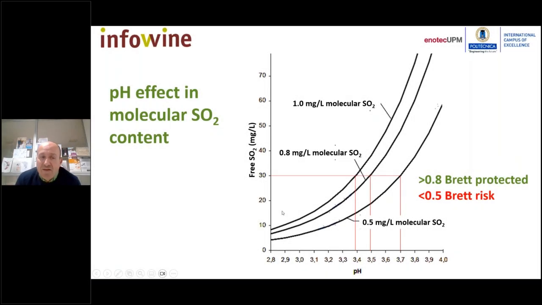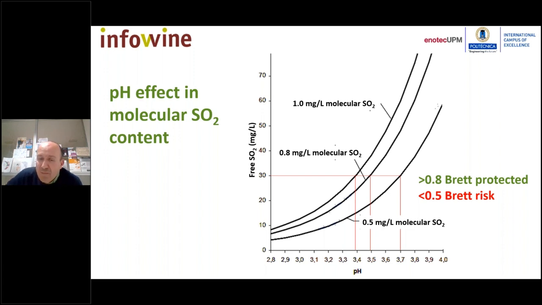Well, the amount of molecular SO2, which is really effective to control microbial development in wine processing, but also to favor physicochemical stability, is affected strongly by the pH.